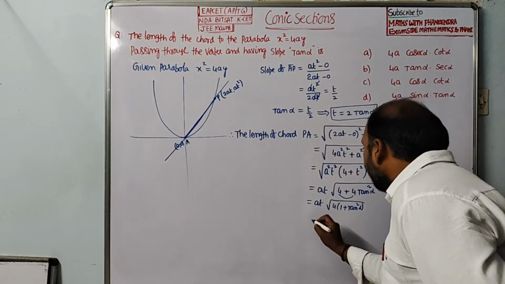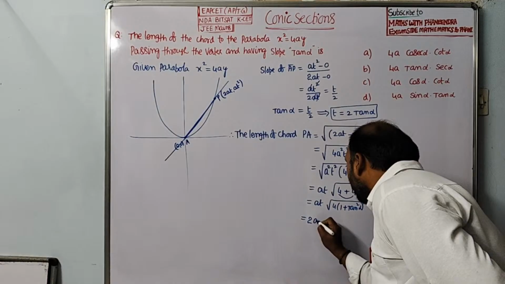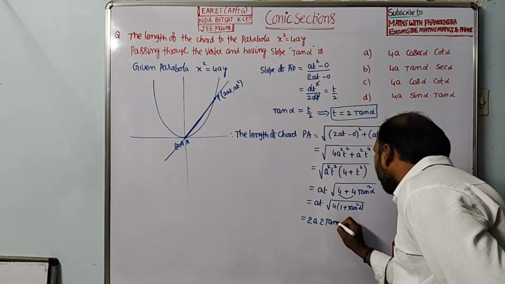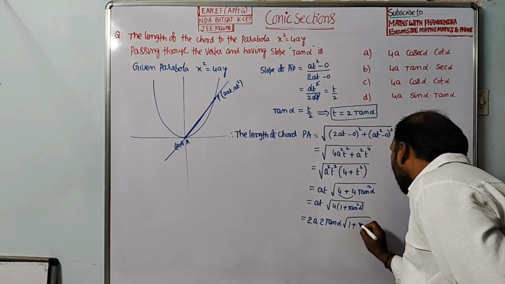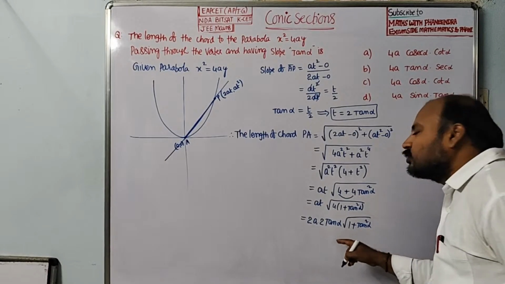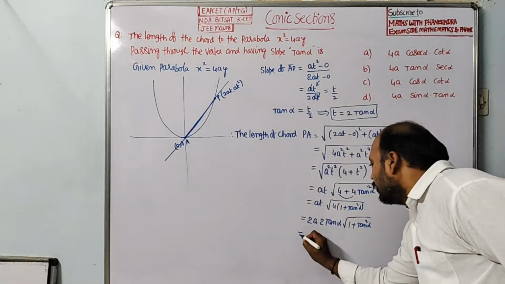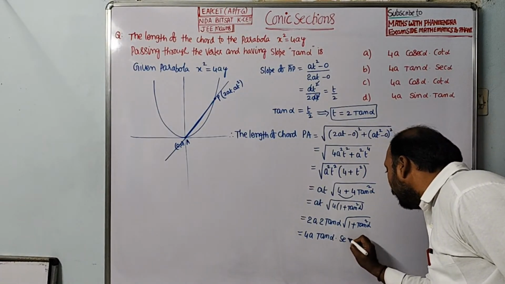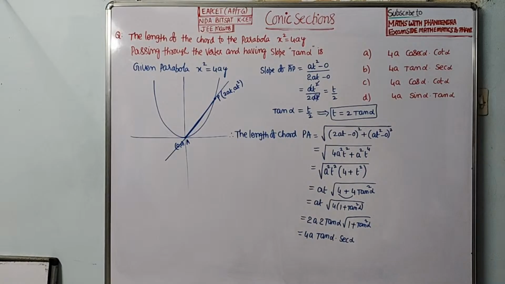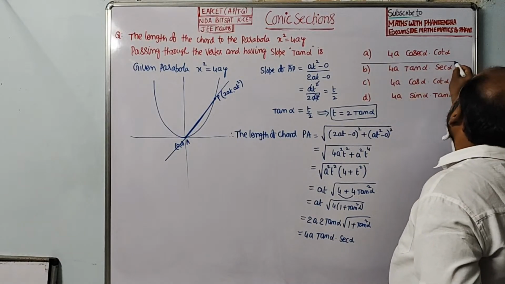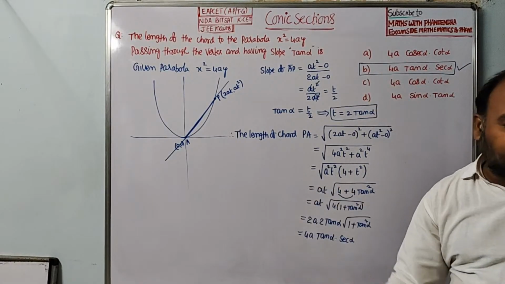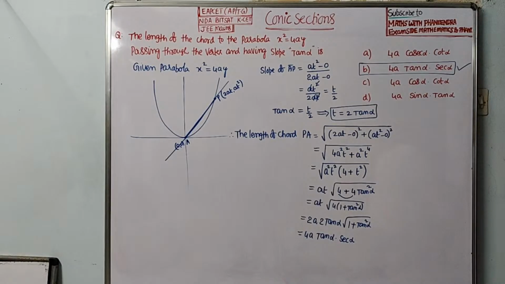So 2 into a into what is t? t means what? 2 tan alpha, into root of 1 plus tan square alpha. What is root of 1 plus tan square alpha? Secant alpha. So 2 into 2 is 4a tan alpha into secant alpha. So 4a tan alpha into secant alpha, it is there in the second option, dear students. Okay, I hope you understand, which is a standard result.